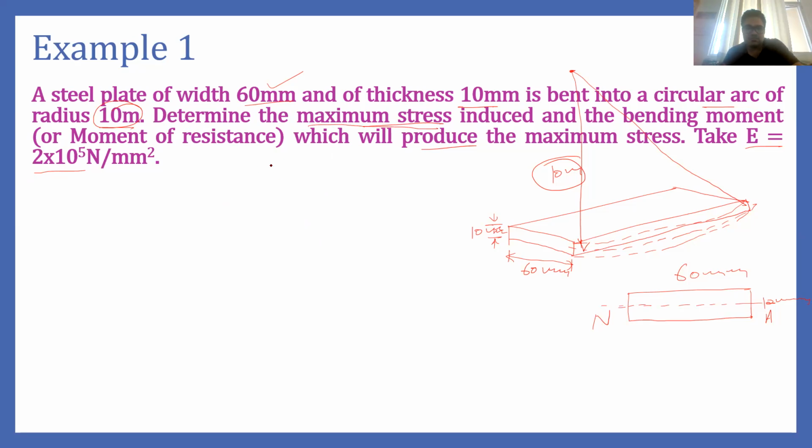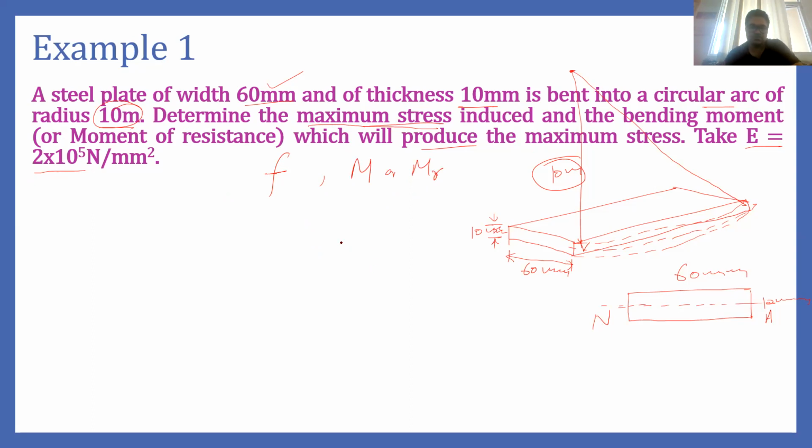So maximum stress, which means we have to find out the F value, and also because of this stress, what is the maximum bending moment or moment of resistance induced because of this maximum stress. So it means we have to find out F and we have to find out M or MR. Because both are same, either we calculate M or MR, both will be same.